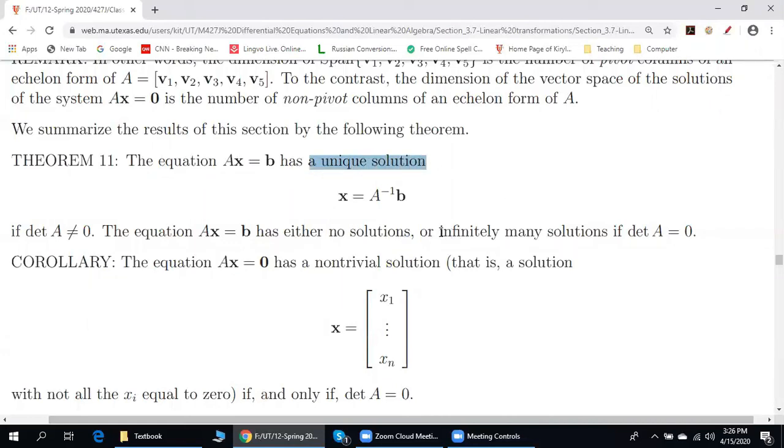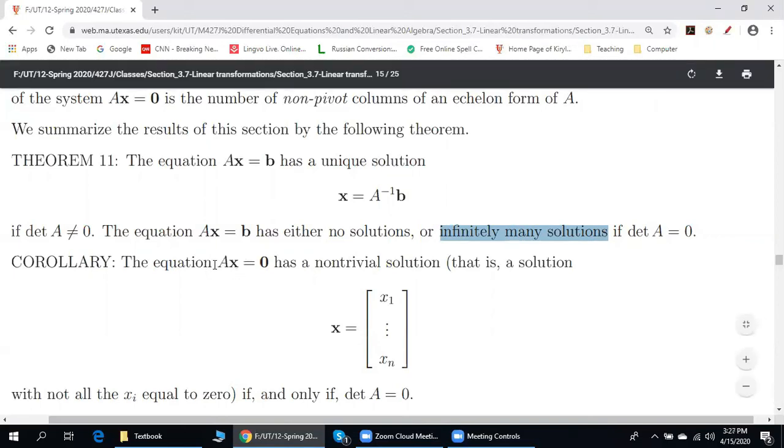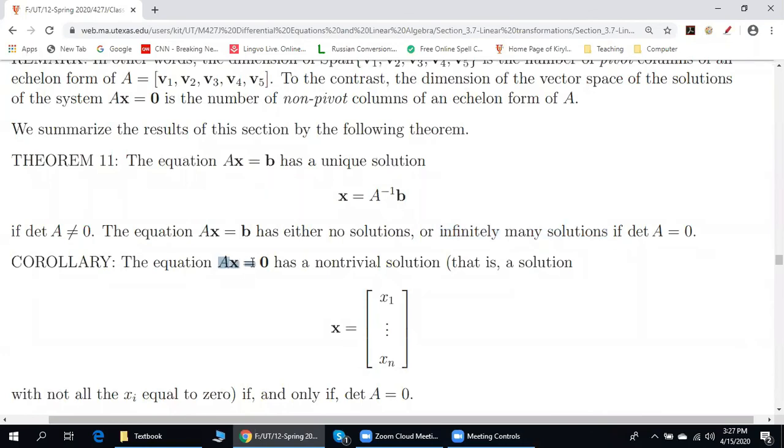Therefore, the only possibility is this. Let's put the pieces together. If we have a homogeneous system where the determinant is equal to 0, it has a non-trivial solution because it has infinitely many solutions. Moreover, this is an if and only if statement. Our homogeneous system has a non-trivial solution if and only if its determinant is equal to 0.